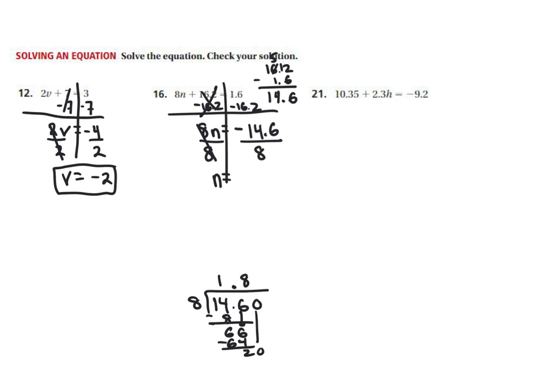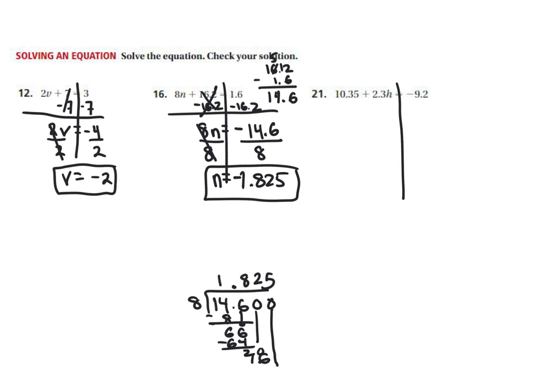We bring down a 0. 8 goes into 20 twice. 2 times 8 is 16. And then we would have 4 left over. Bring down a 0. So 40 and 8 goes into 40 5 times. So we get 1.825. And negative divided by a positive is negative.